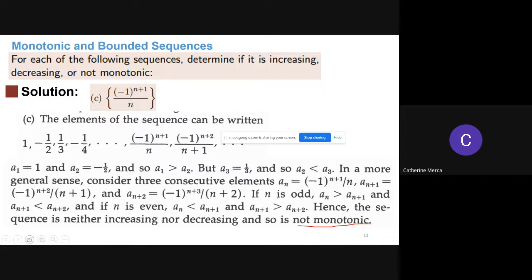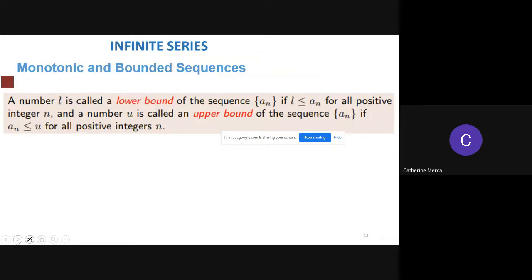Okay? So, we now talk about your monotonic and bounded sequences this time. But before we talk about bounded sequences, let us have a definition of what is a lower bound. A number L is called the lower bound of the sequence if, this is the pointer to make it clearer, if L is less than or equal to a sub n for all positive integer n.